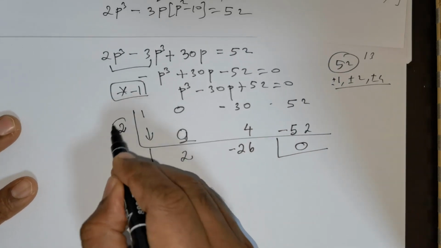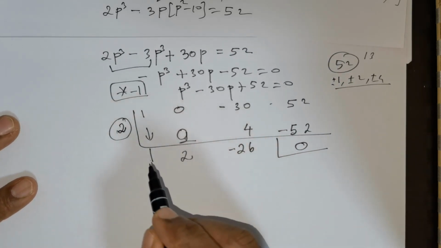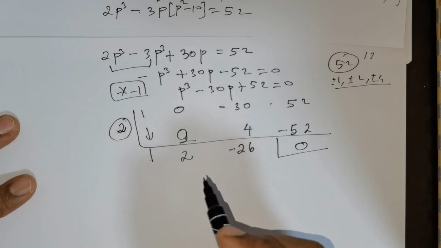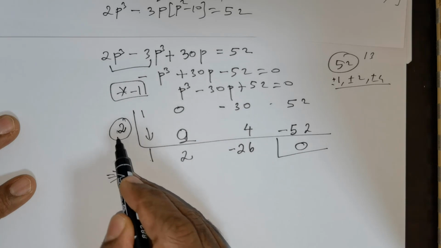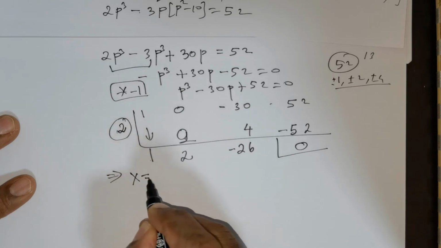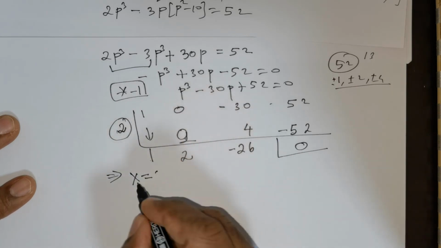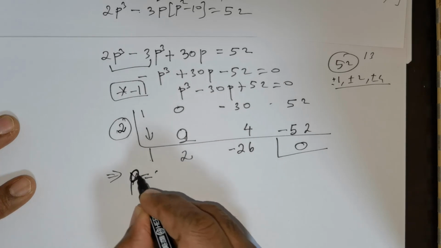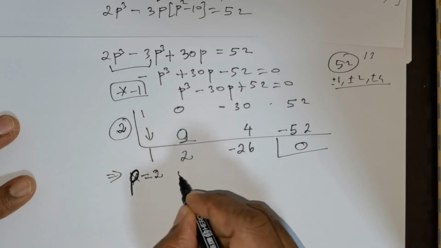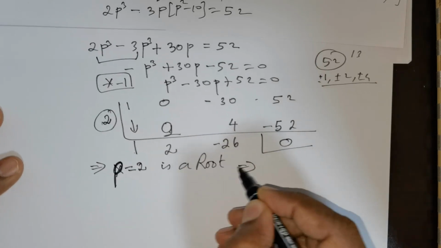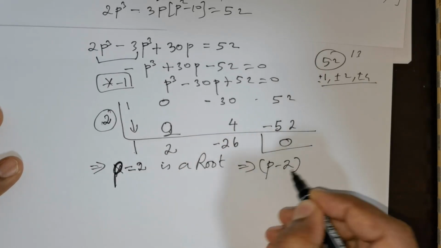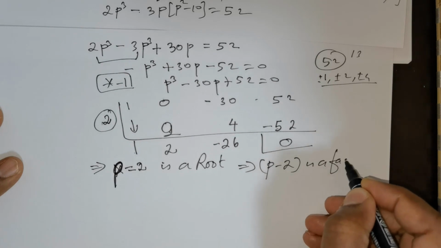So thereby 2 is clearly a factor. This means x is equal to 2 is a root. In this case it is not x, it is p. So p equal to 2 is a root, this is the way we write it. So this would mean p minus 2 is a factor.